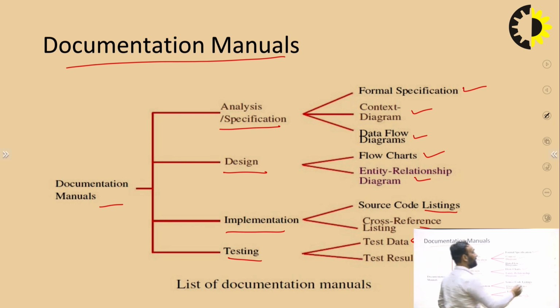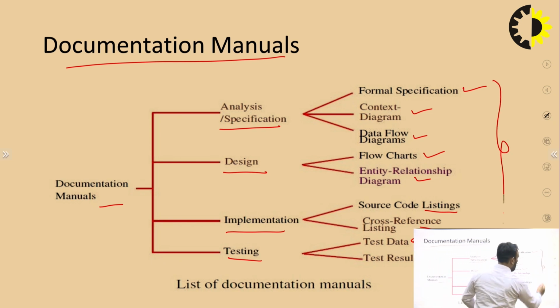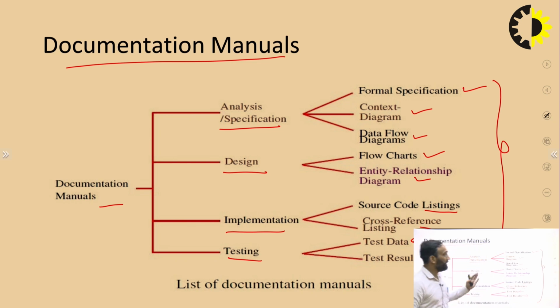So all these parameters in detail will be part of documentation, or we can say manual documentation, because a developer will require all this documentation at the time of developing a software.